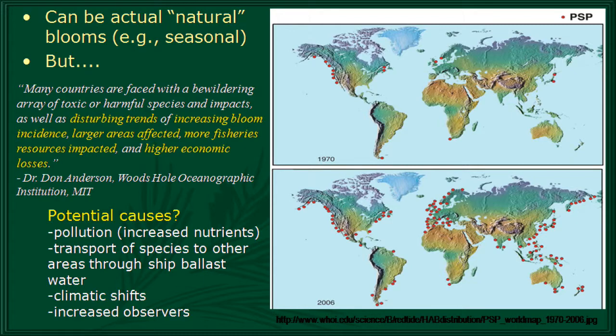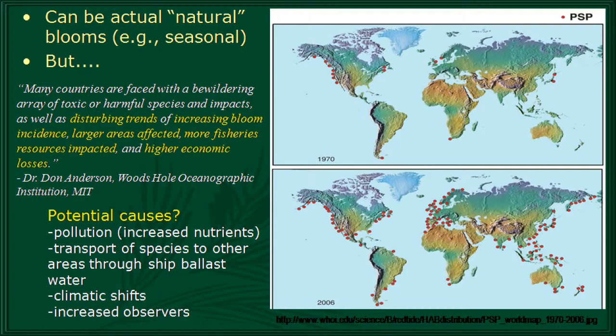So ships need water to regulate their buoyancy in the water column, and that water is taken up or released in different areas. So that water has phytoplankton or HAB species that potentially can be transported to other areas where the ship is going.